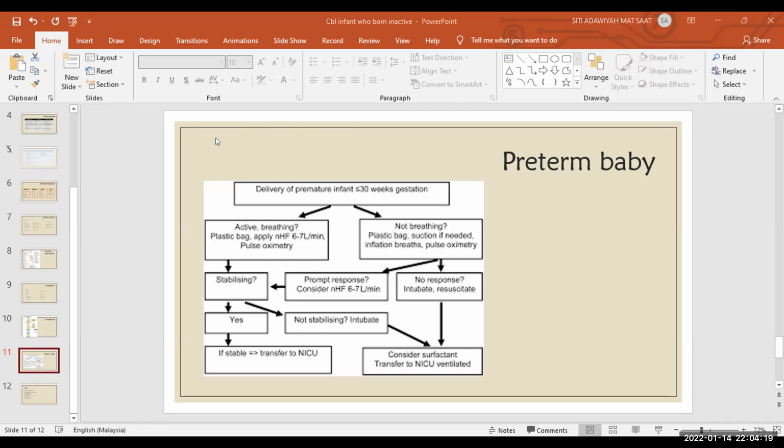For the preterm baby, if the baby is delivered less than 30 weeks gestation, we need to assess whether the infant is active or breathing, and then we need to place the infant in the plastic bag for temperature control and apply nasal high flow 6 to 7 liter per minute and measure the pulse oximetry.